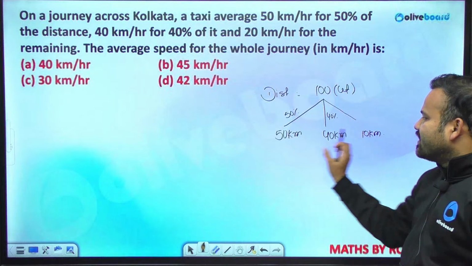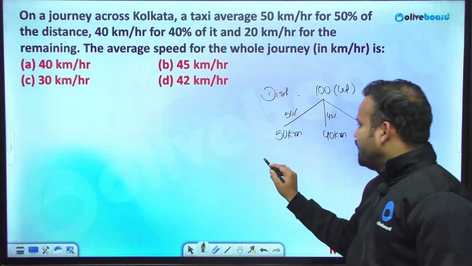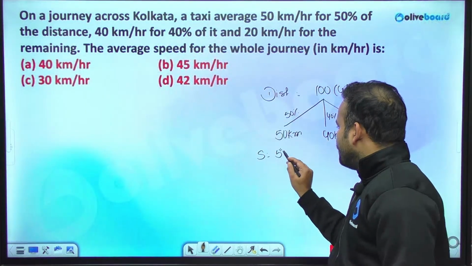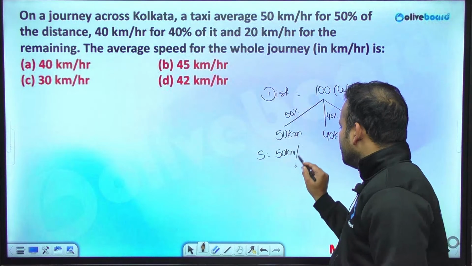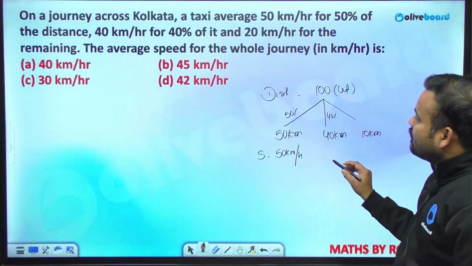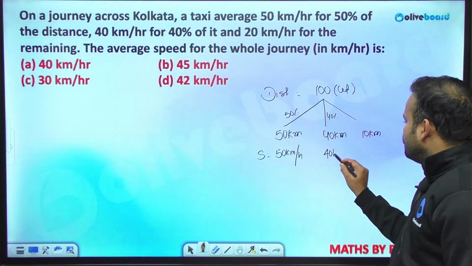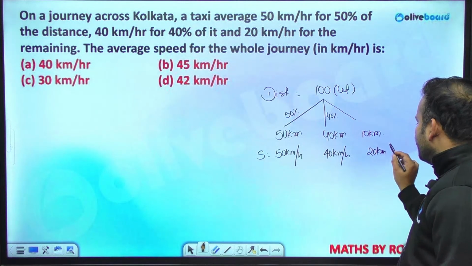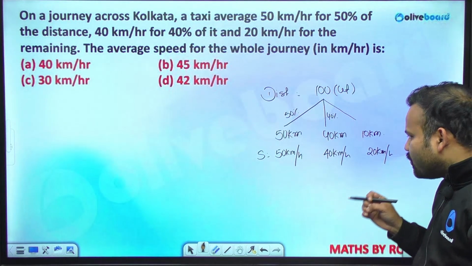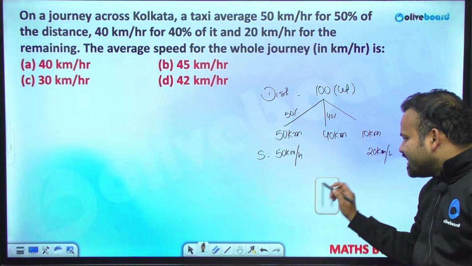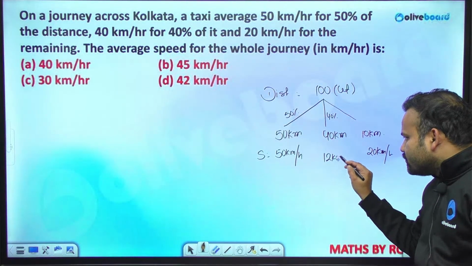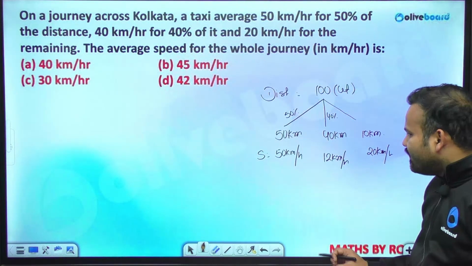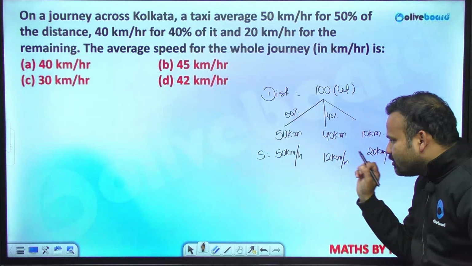So we have bifurcated the distance, and the speeds are 50 km per hour, 40 km per hour, and 20 km per hour. See, it is possible the speed in this case can be 12 km per hour also. The examiner can give a speed of 12 km per hour.